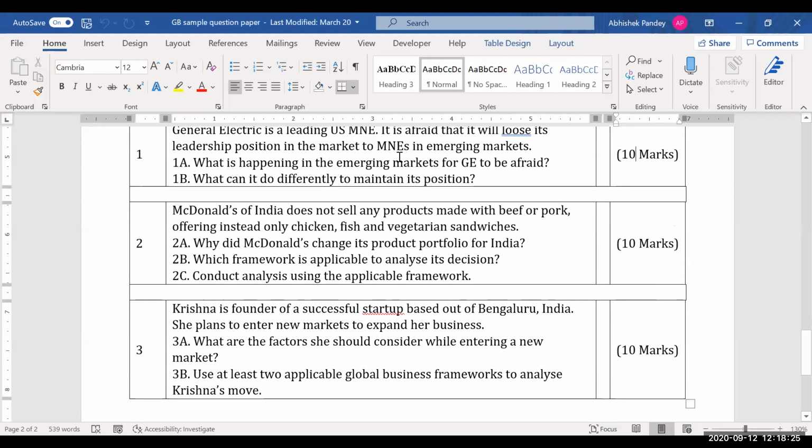So I hope the nature of questions is clear. The number of marks can vary, but the category or the nature of questions remains the same. Any questions here? This is your kind of final exam question paper.